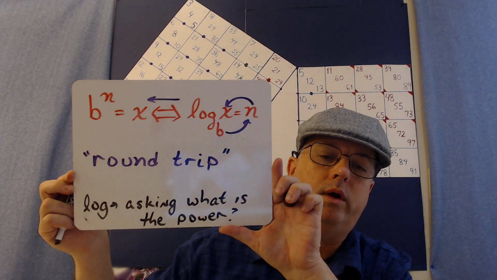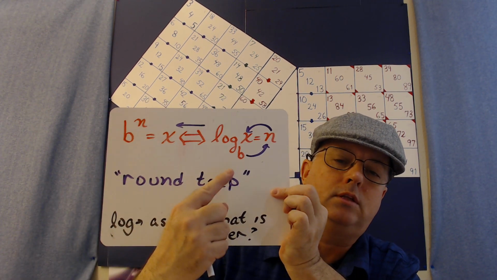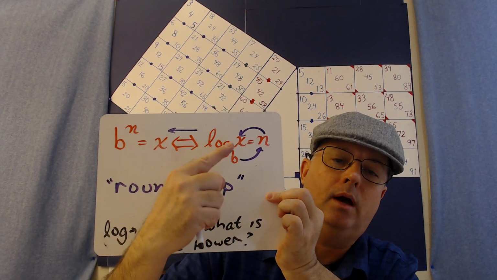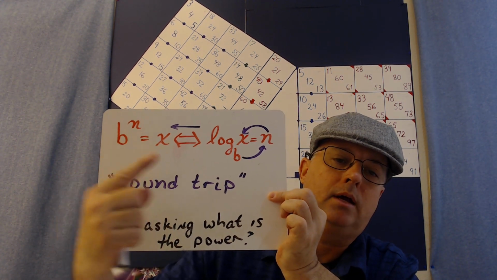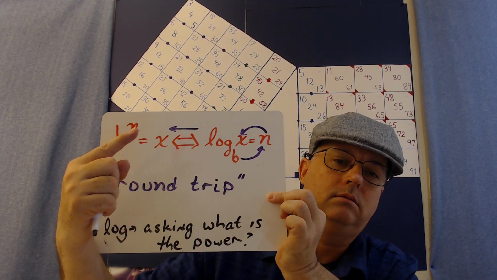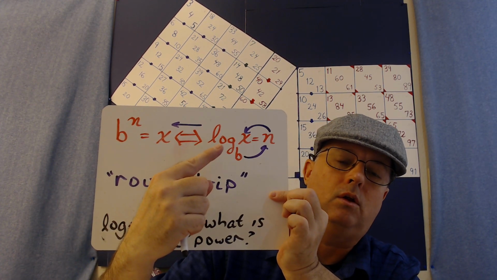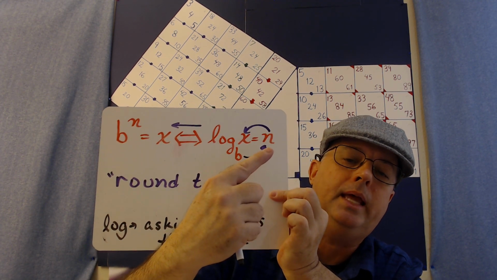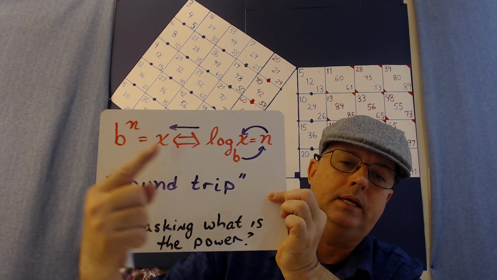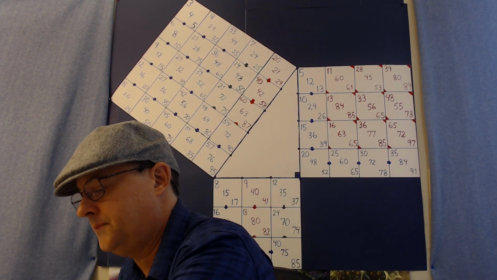It's asking what is the power. So what is the power that makes b become x? Well, the power that makes b become x is n. b to the n is x. And so when the log is saying, what's the power that makes b become x? Well, it must be n, because b to the n equals x.